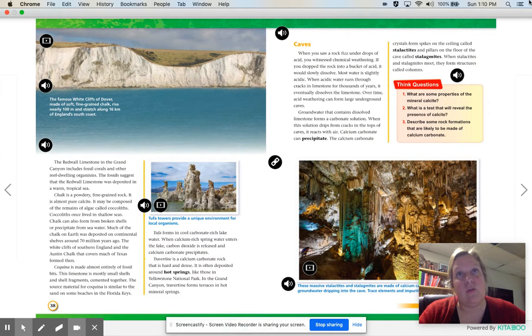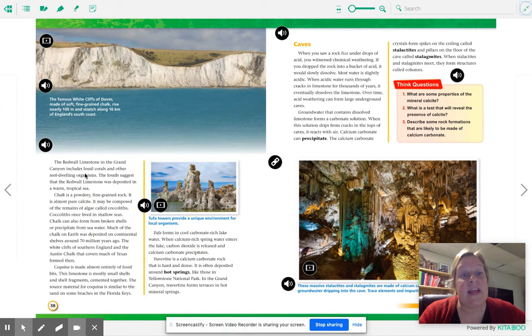We said there was petroleum limestone, and we said there was reef limestone, which is the organic material of the skeletons of the coral. The Redwall limestone in the Grand Canyon includes fossil corals and also reef-dwelling organisms. So the Grand Canyon also had an oceanic environment before it was the Grand Canyon in the desert.